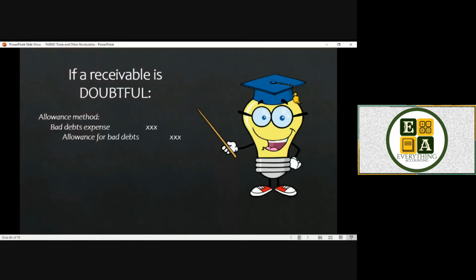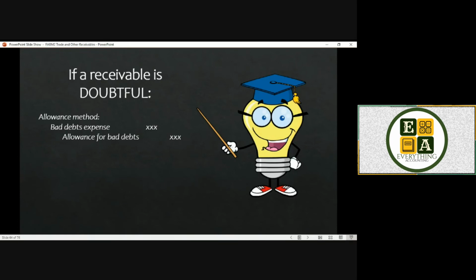If a receivable is doubtful, okay, another difference when it comes to journal entries, if a receivable is doubtful, we set up an allowance. Okay? Always assume allowance method, okay, for receivables, because PFRS 9 for financial asset at amortized cost, example, yung trade receivables, we always set up allowance for that through the provision matrix, yung tinatawag na provision matrix.